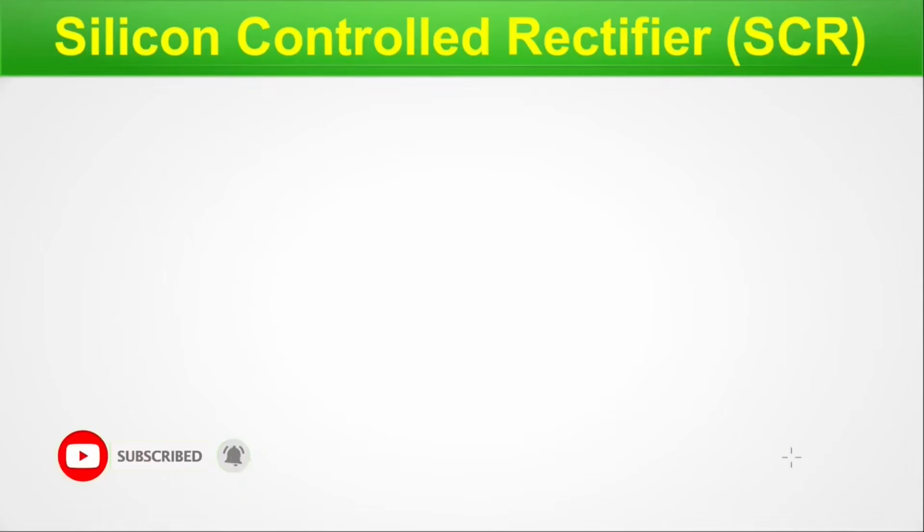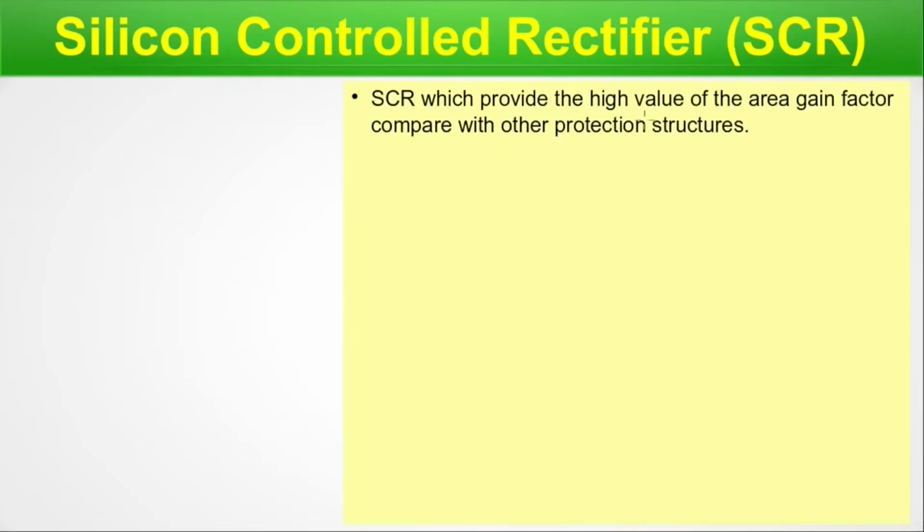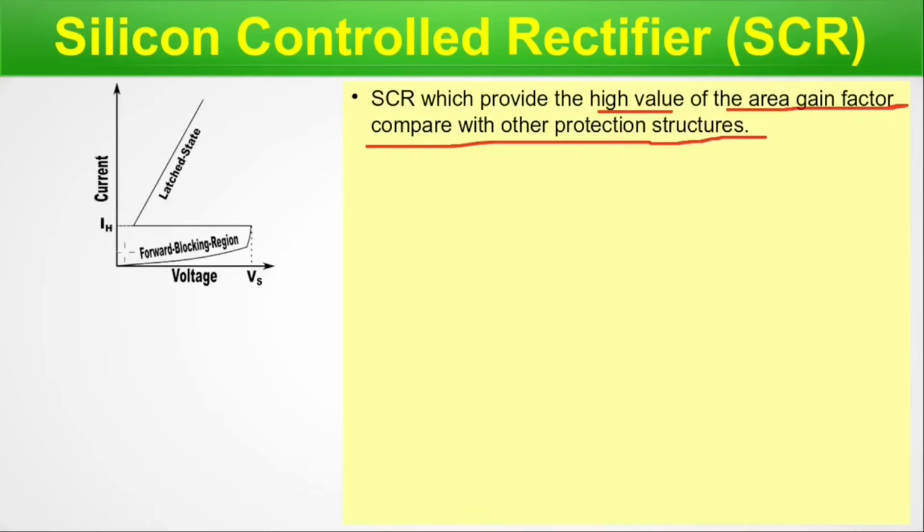Silicon controlled rectifier. Let us talk about the properties of the SCR and how it is used as an ESD protector. SCR provides a high value of area gain factor compared to other protection structures. Here you can see the IV characteristics. Here is the voltage and here is the current, and the graph goes like this, and at a certain point the SCR snaps back to this point and goes to a very high value of current.